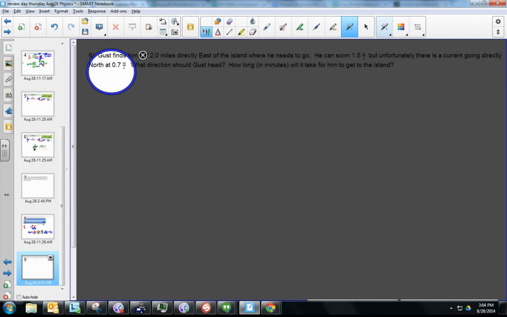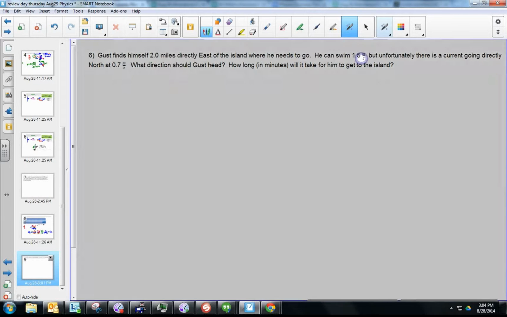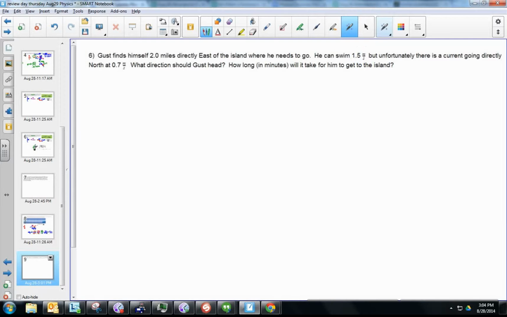So clearly he's going to have to swim a little bit south to compensate for that, so that he ends up going exactly west. Fortunately for Gus, he can swim 1.5 meters per second, which is more than the current, so he's going to be able to actually do this. And so if he picks the right angle, he can get there nice and smoothly and easily.